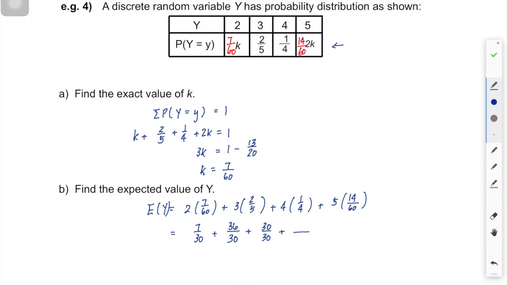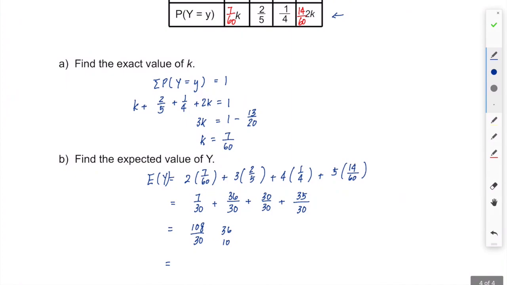This is going to be 30, so divide that by 2, 7, so 35. What does this mean? It means I have 108 over 30. Divide by 3, I get 36 over 10. So this is 5 and 18.